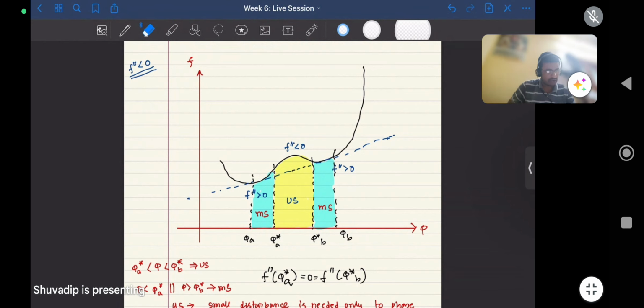From this point, you can also see that f of phi, f double prime is less than 0 in this regime, so it will phase separate because there is a concave region here. So that regime is unstable. If you give a small disturbance to the system, it will try to come to some phase separated scenario.